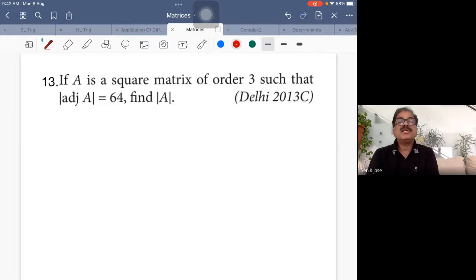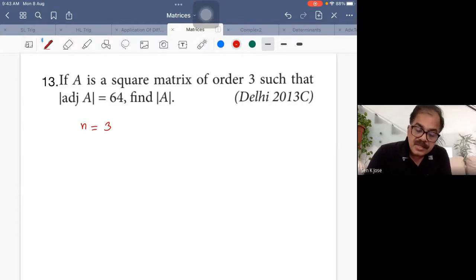If A is a square matrix of order 3, so I write immediately n is equal to 3, such that determinant of adjoint of A is 64.